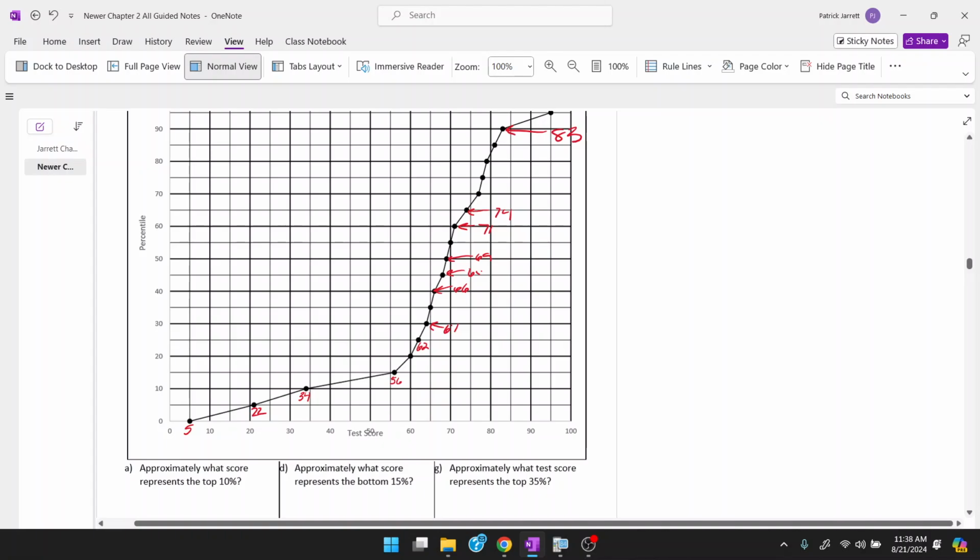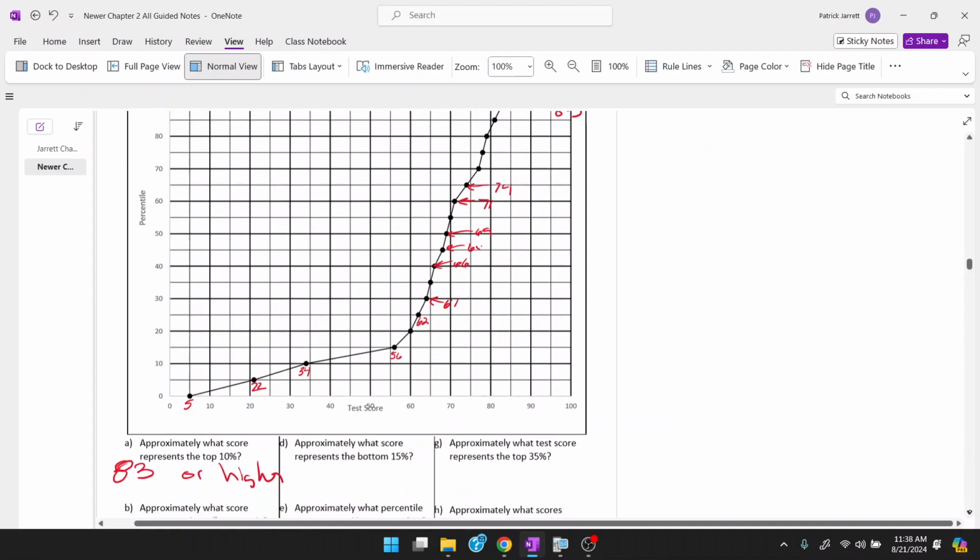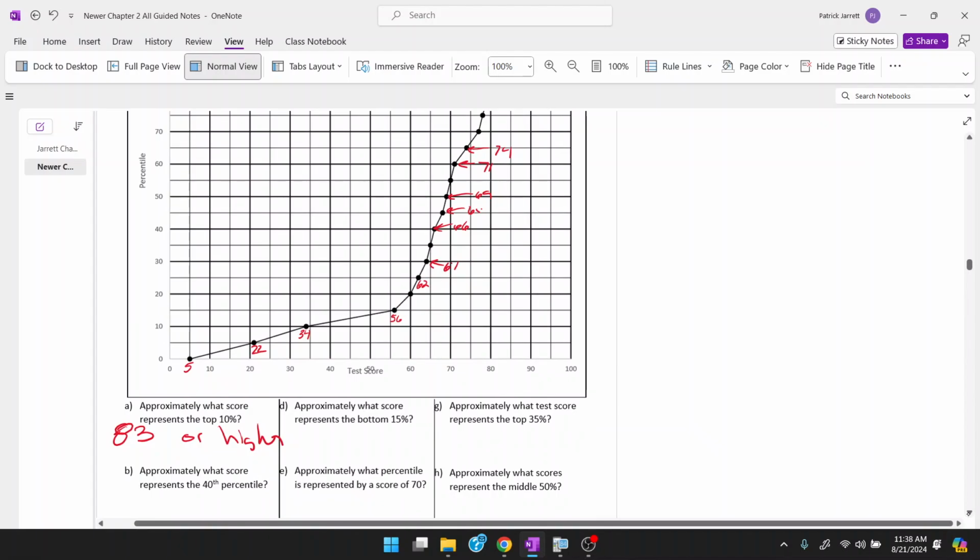So top 10% would be 83 or higher. Approximately what score represents the 40th percentile? Looks to be about a 66. Would you need to say higher or lower? No, because that's a direct value.